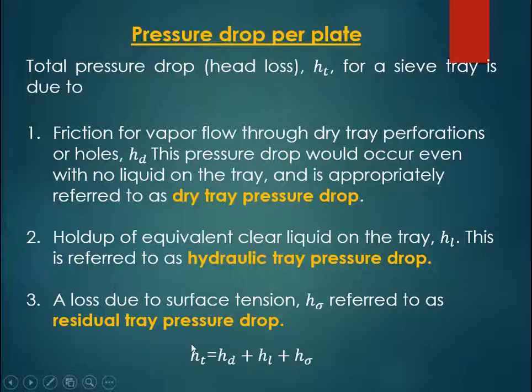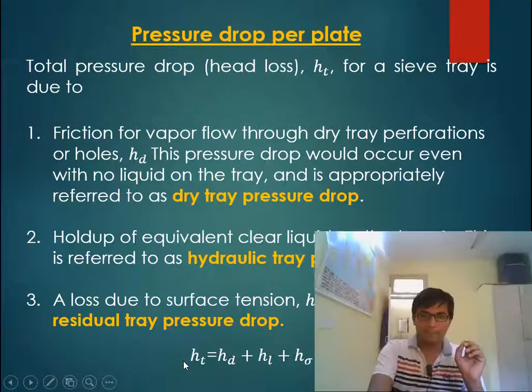So if I want to convert this pressure drop into pressure units, then we have to multiply by density of liquid times g times this h. So we have to take density of liquid, and that density we have to take as clear liquid density. That should be very clear.